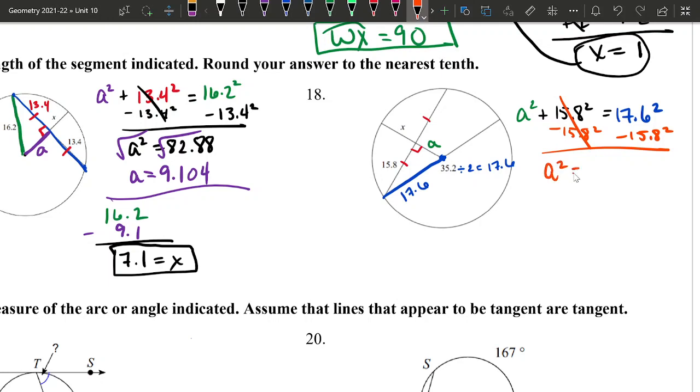So A squared equals, I type in 17.6 squared minus 15.8 squared, and it's 60.12. And then I'm going to take the square root. So A is 7.75.